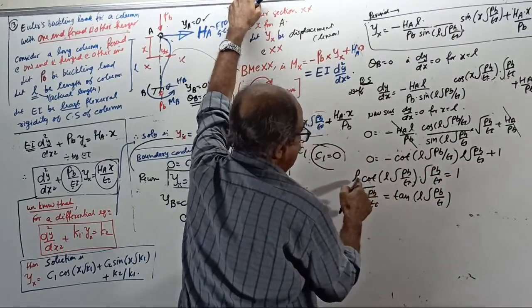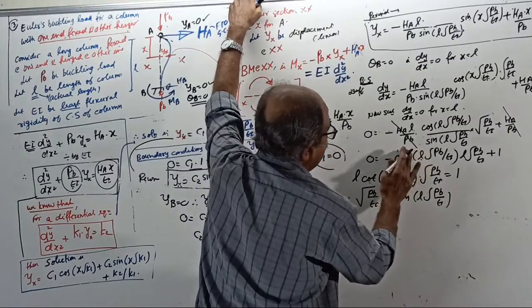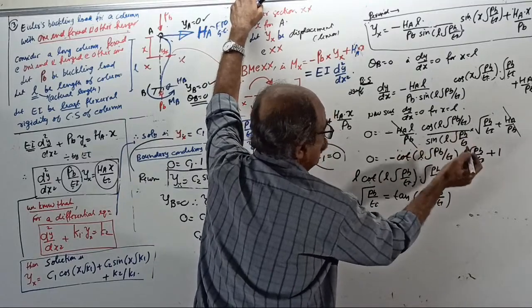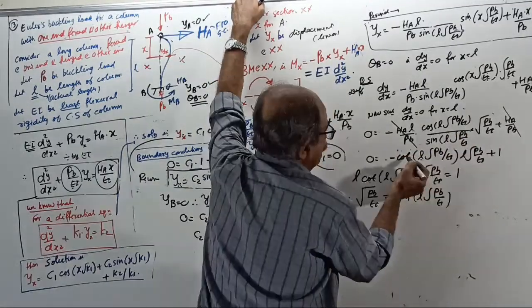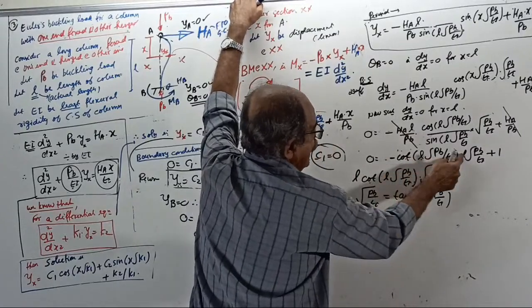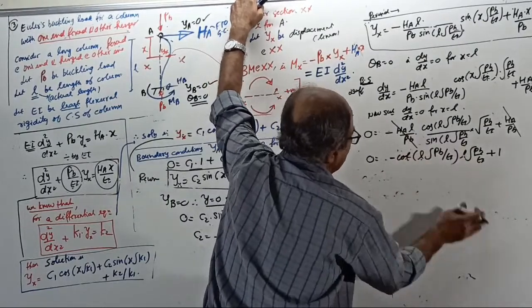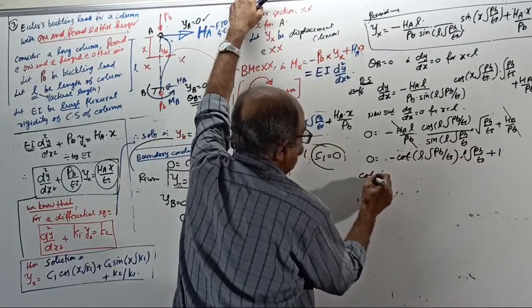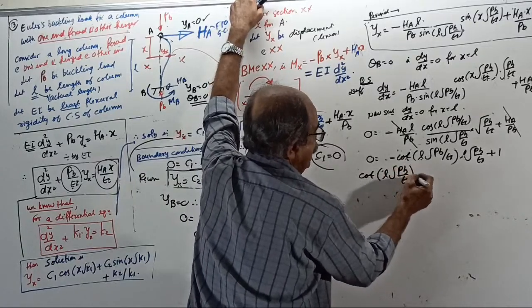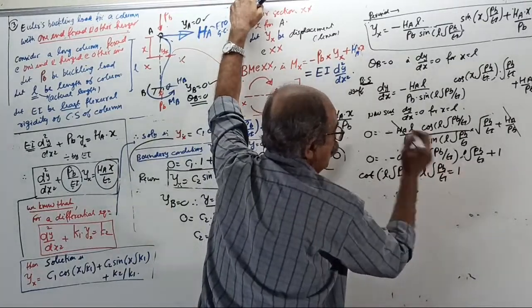Now cot of L root PB by EI into root, actually L is there. L into what? This here also I forgot that L. Here L is there. So what can you write? Better way is to take the other side. Cot of L root PB by EI into L root PB by EI equal to 1.